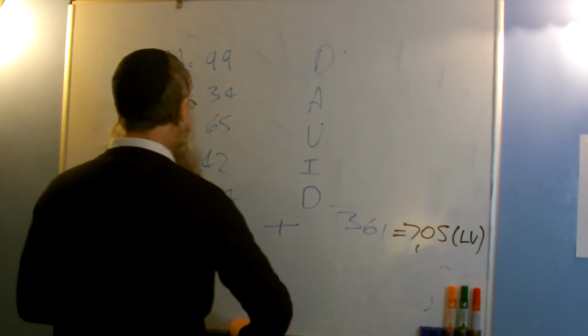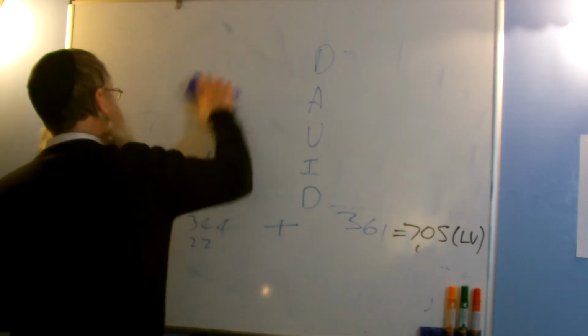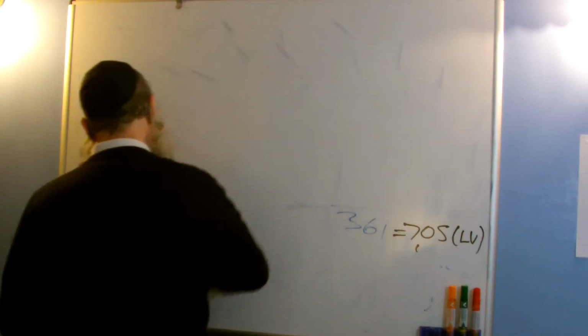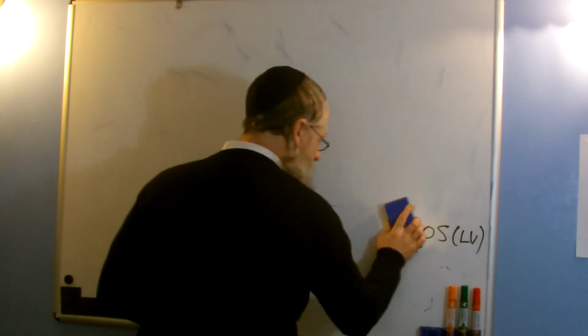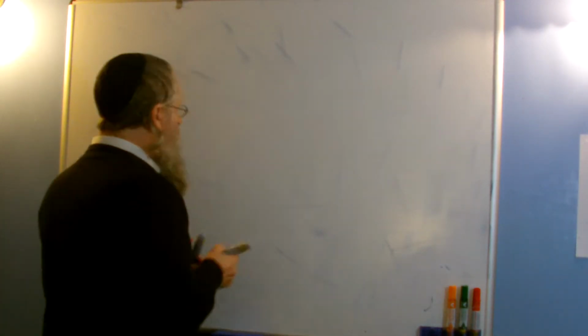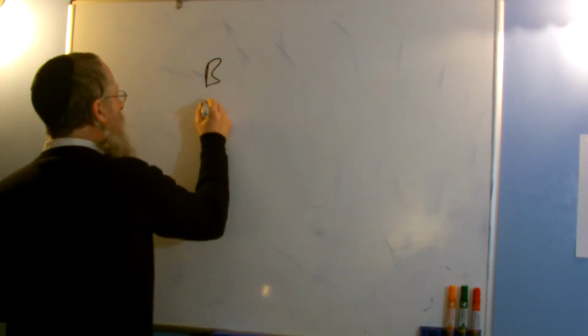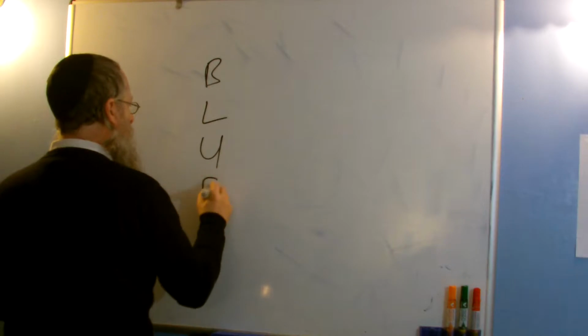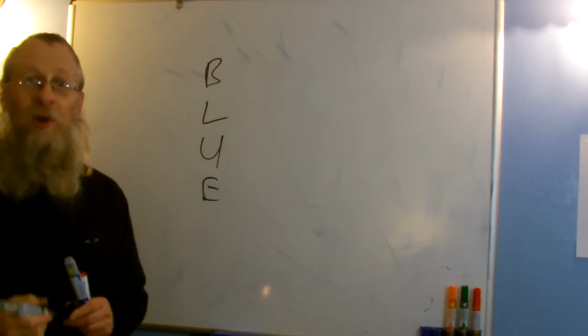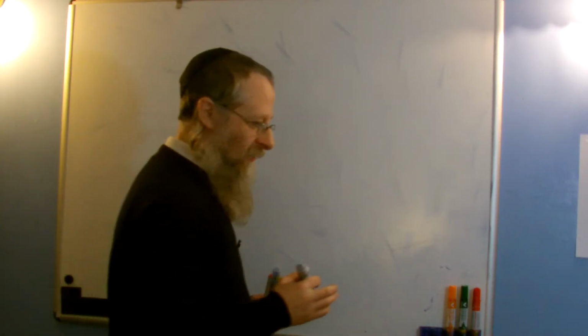Now we look at the colour blue. So we're now going to show that blue is the intrinsic colour of the Magen David. B-L-U-E. Well, I should have done it using the blue, but it's now back. So, blue, we're going to look at 3 gematria.